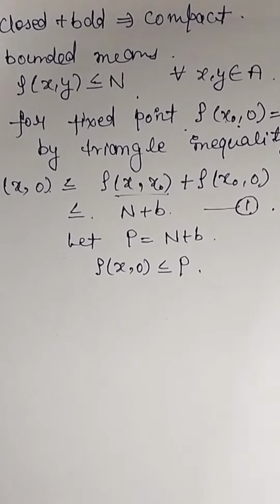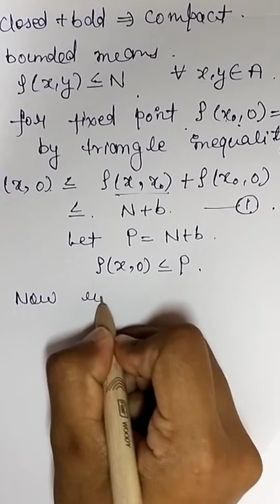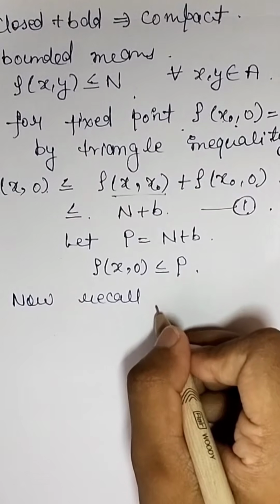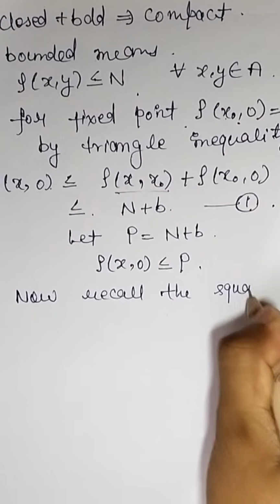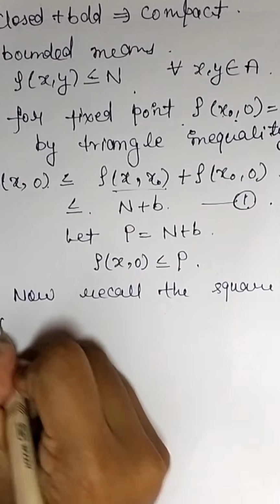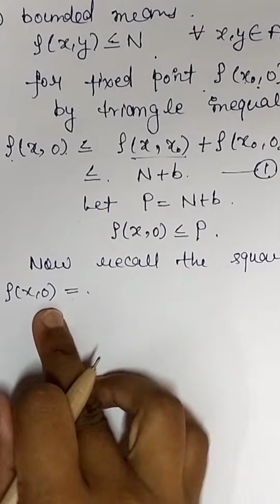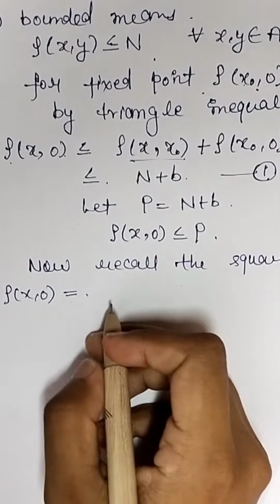Now recall the definition of square metric. The distance between x and 0 in a square metric is the maximum coordinate difference.